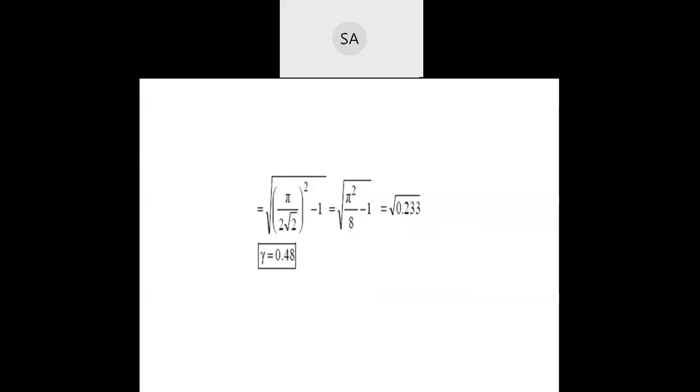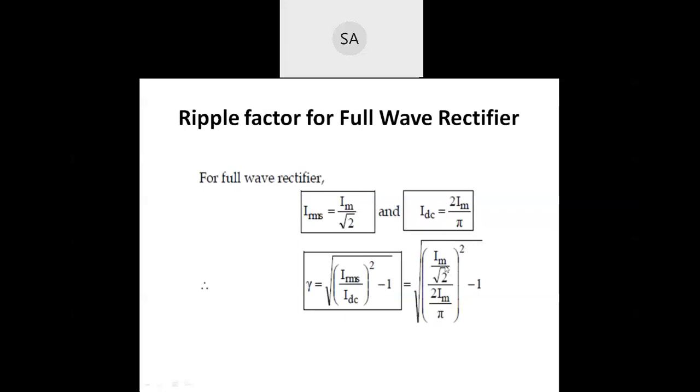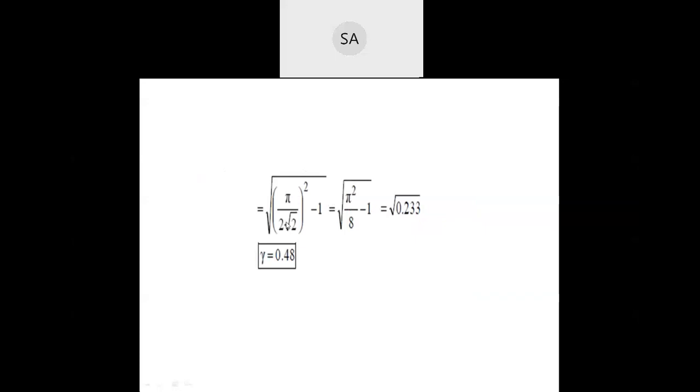Simplifying this equation, pi by 2 root 2, since Im will be cancelled. So pi by 2 root 2 whole square minus 1. This is pi square divided by 8, minus 1.